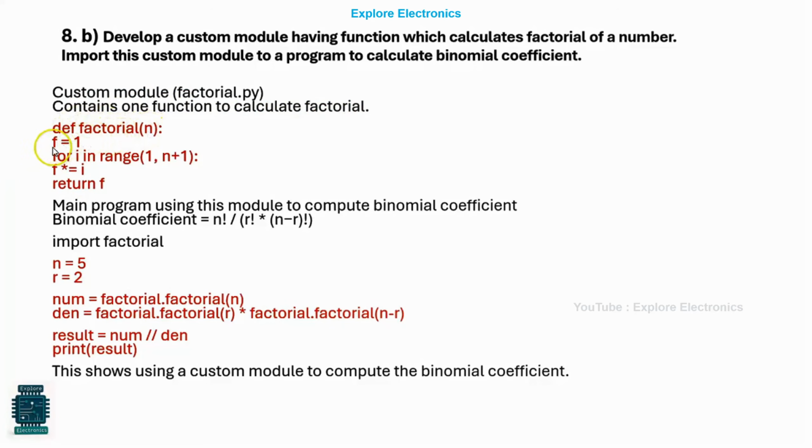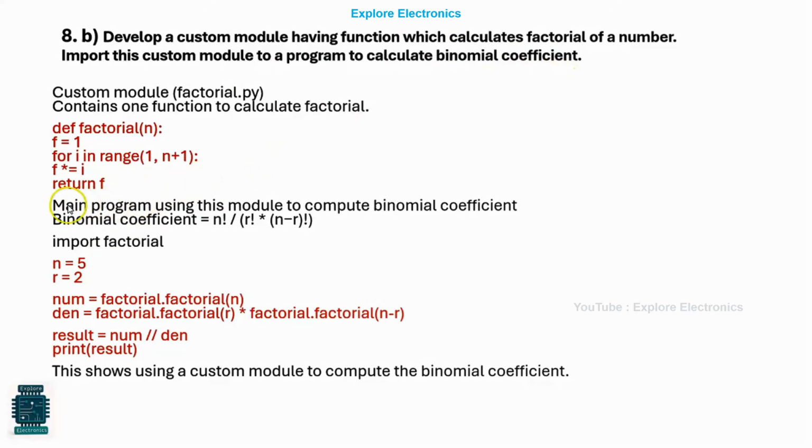Define factorial of n, f is equal to 1, for I in range 1 to n plus 1. 1 is included, n plus 1 is excluded. F into is equal to I, return f. Here it will calculate the factorial. We have to import this custom module and write a program to calculate the binomial coefficient.